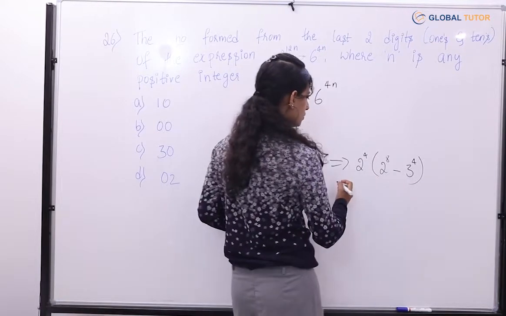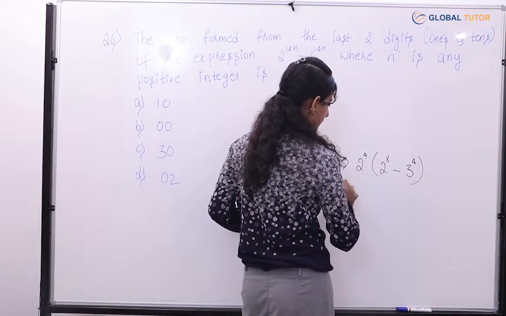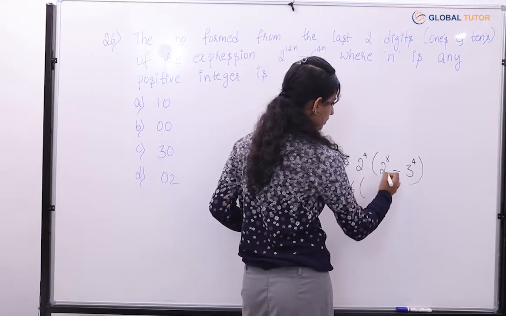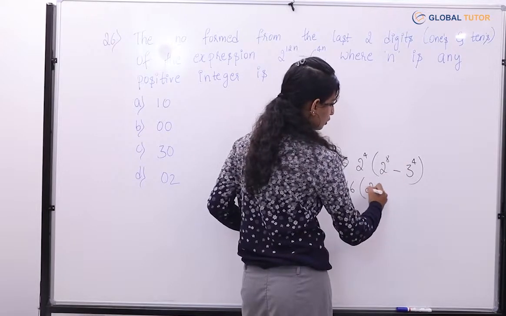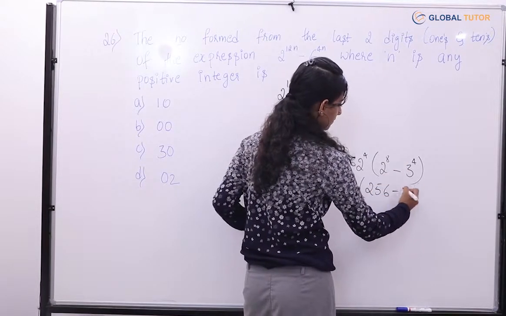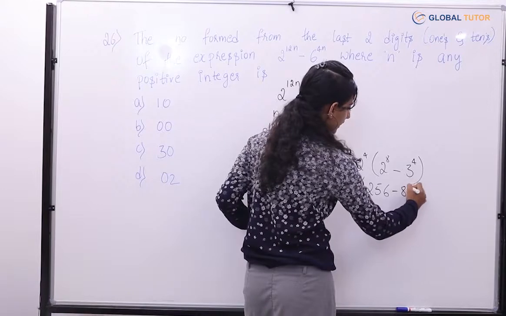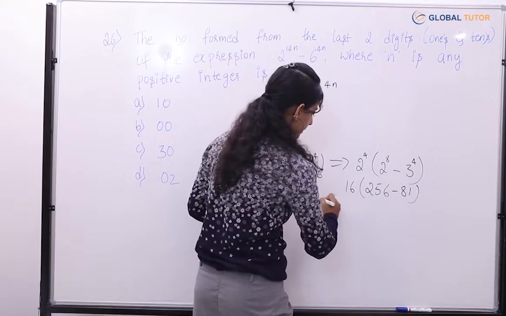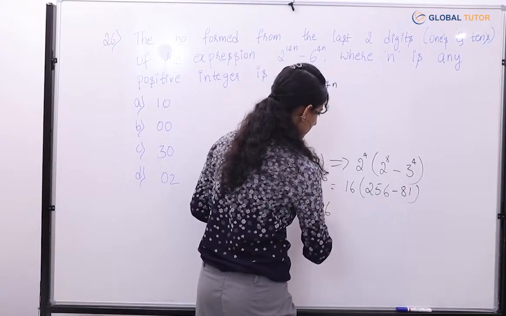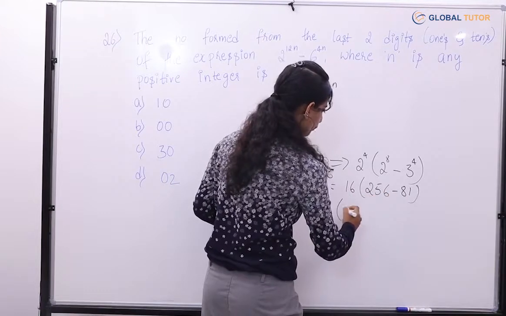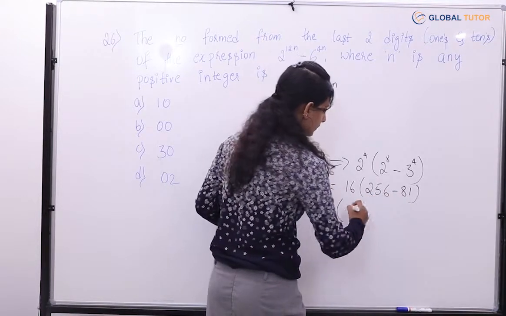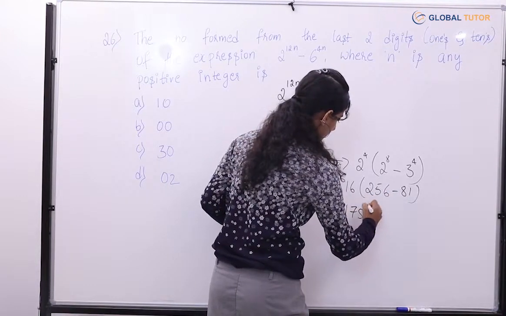Correct? So what is 2 power 4? It is 16. And what is 2 power 8? It is 256. Then minus 3 power 4 is 81. Now 256 minus 81 will be 175.